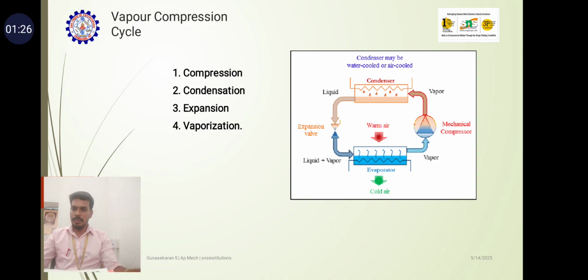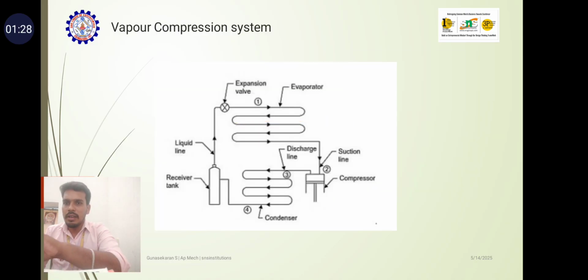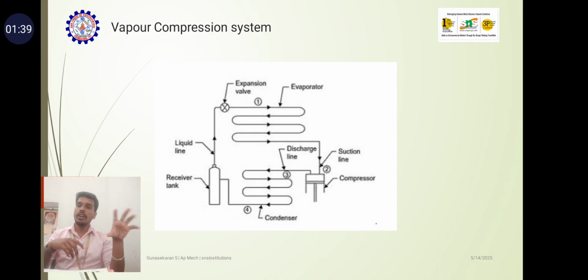First, compression. Compression is the first stage of the vapor compression cycle, where low pressure, low temperature refrigerant vapor enters the compressor.